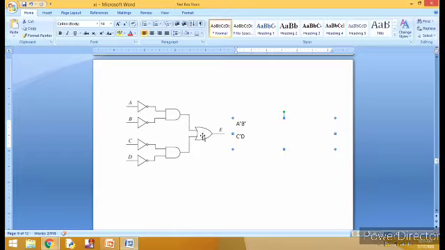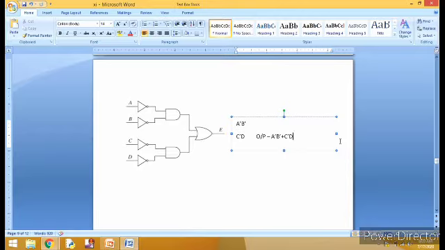What is the use of the OR operator? It joins all the inputs with the plus sign. So what output do you get after this? You will get the sum of A dash B dash and C dash D dash. That means the output will be A dash B dash plus C dash D dash, isn't it?